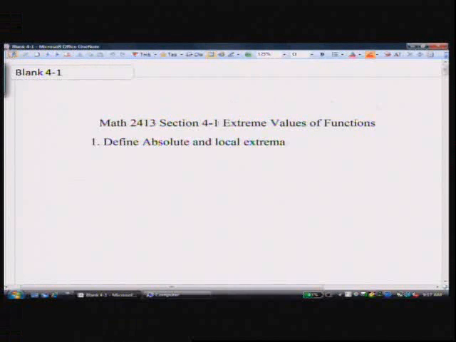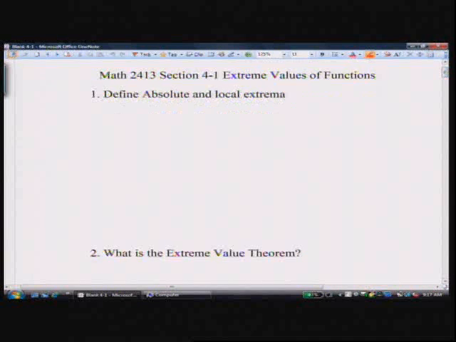So we're going to define absolute and local extrema. So this will be a formal definition that you can enjoy.